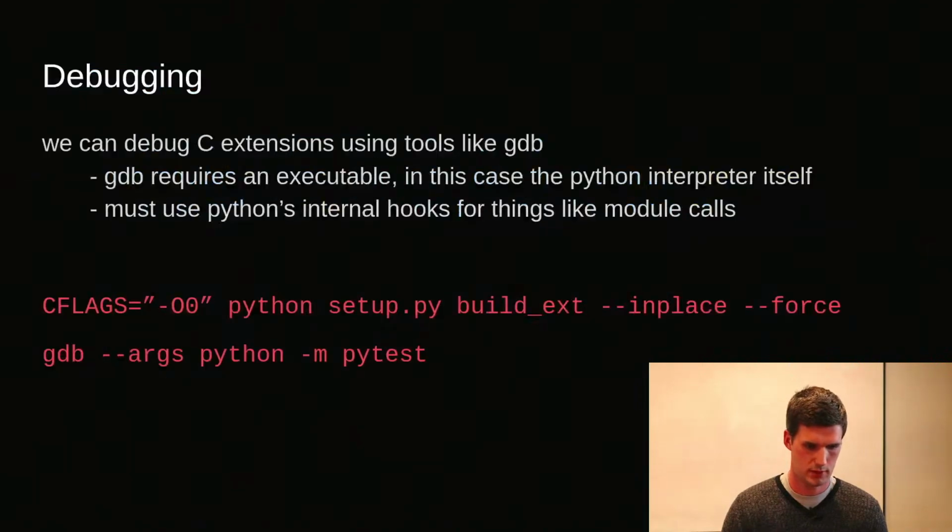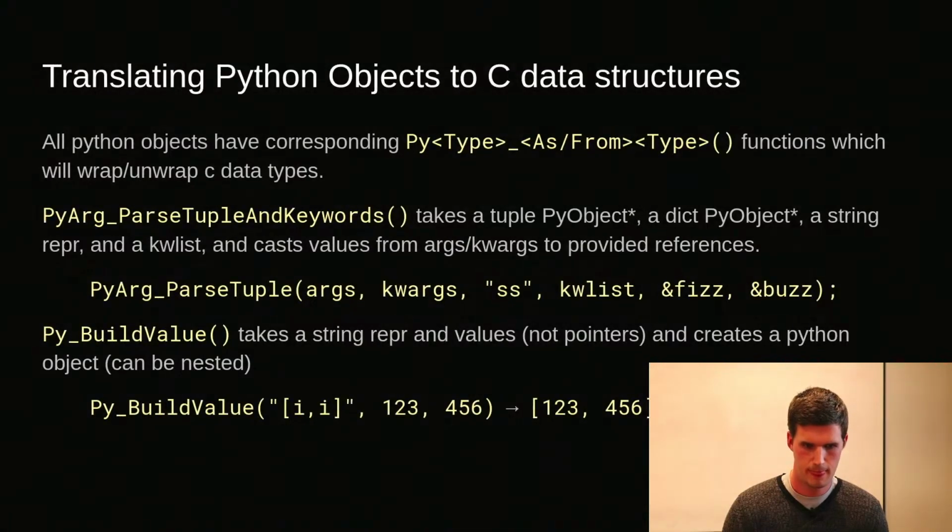Okay. So some of the typical workflows you see when working with C extensions is that you're taking PyObjects and deconstructing them into some underlying C machine type, and the C Python API provides functions to allow you to do that. All Python objects have a corresponding Py type with an As or From function, which will unwrap.